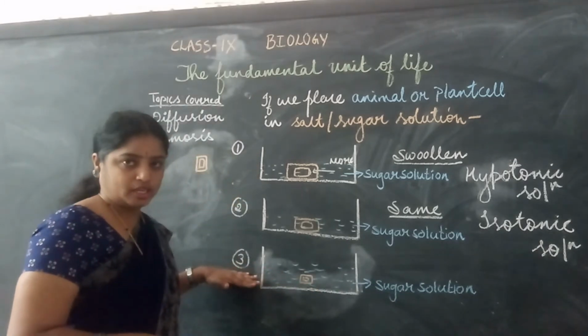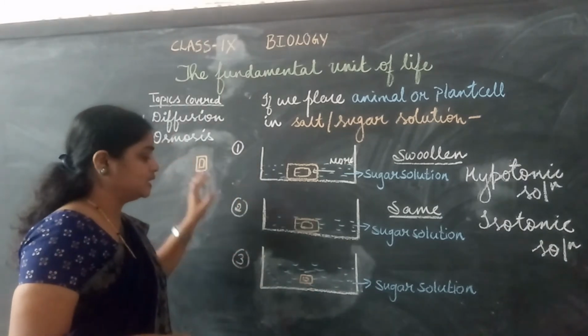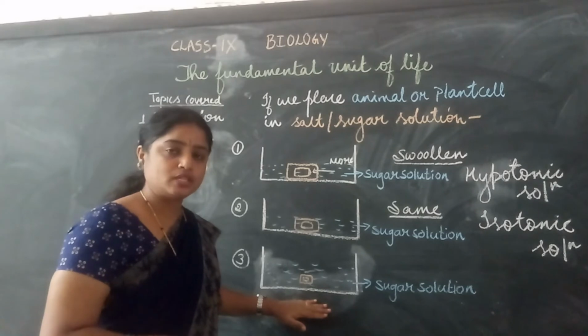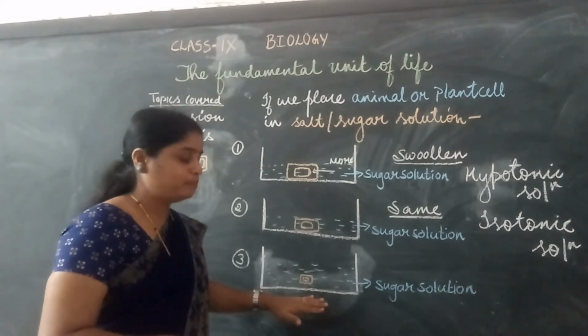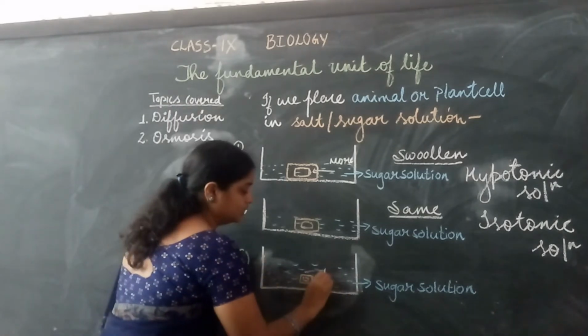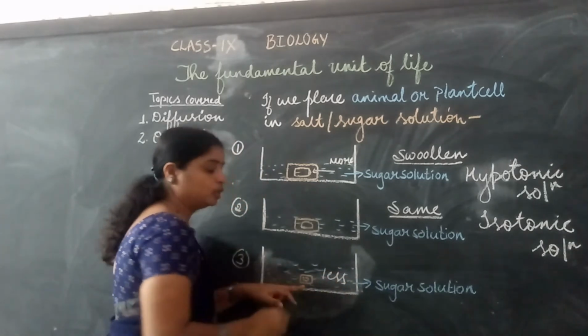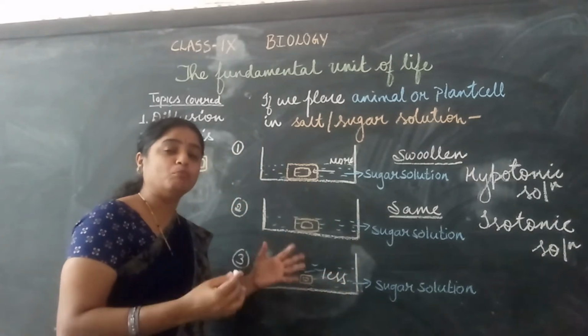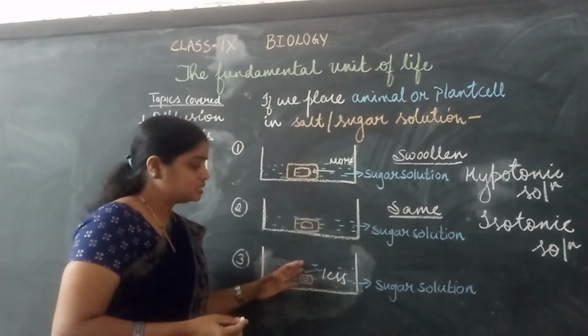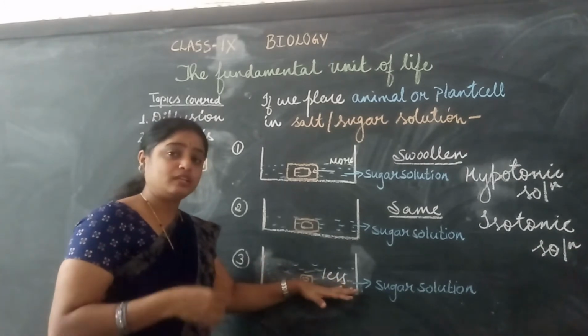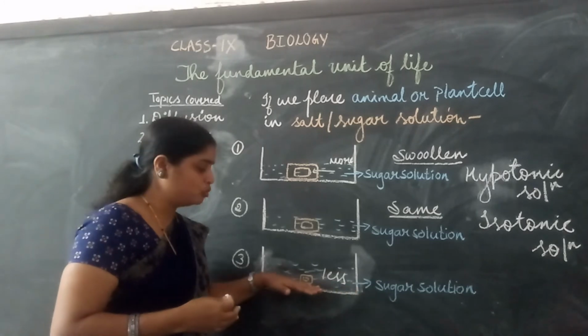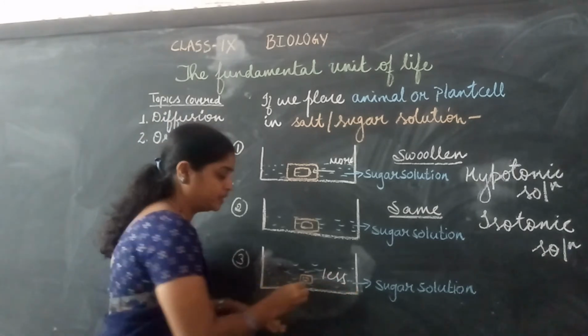Next, the third condition. You are placing a cell in a sugar solution. Here the concentration of water is less outside when compared to inside. Inside the cell it is more, and outside it is less. So now the water will move from inside to outside.